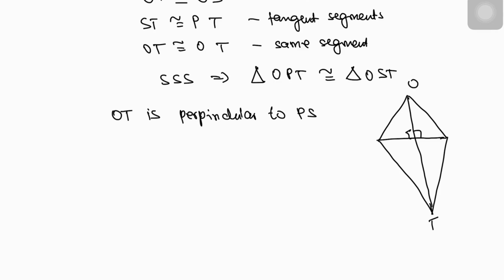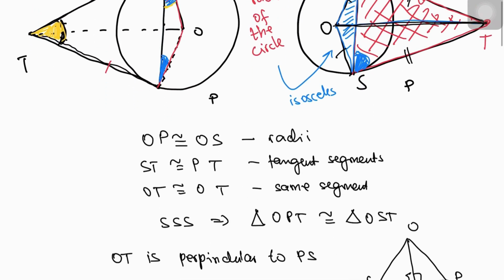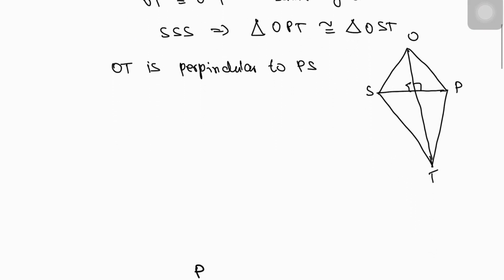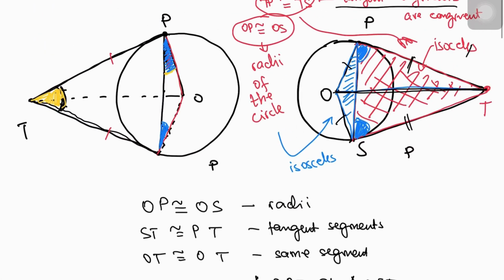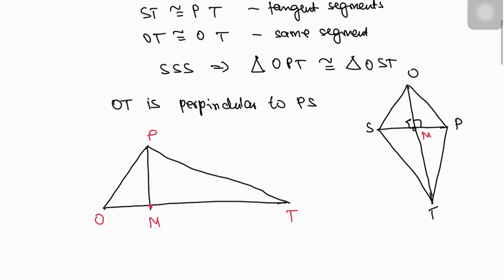So this is O, this is T, this is P, this is S. Now I will concentrate on one of the triangles. I will call the line of intersection M, and here is M, here is O, here is T, and this is P.